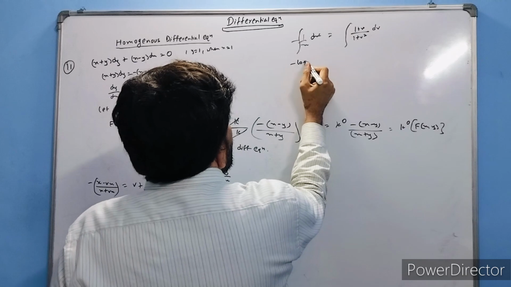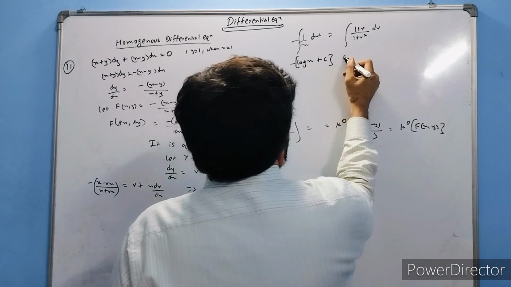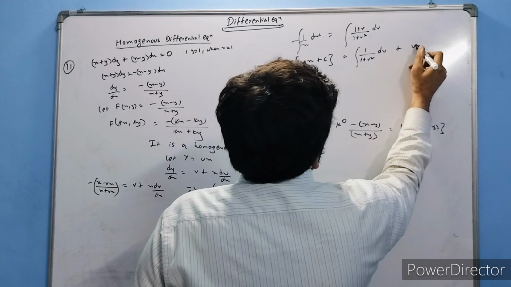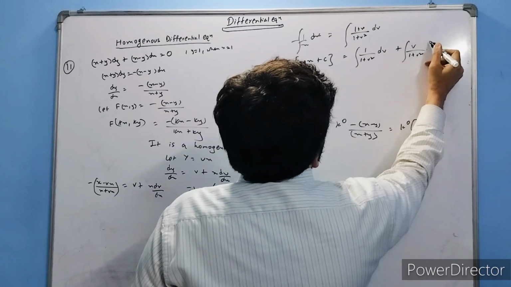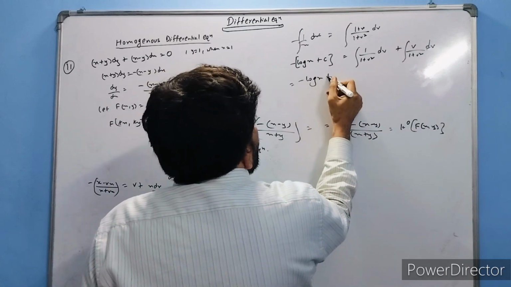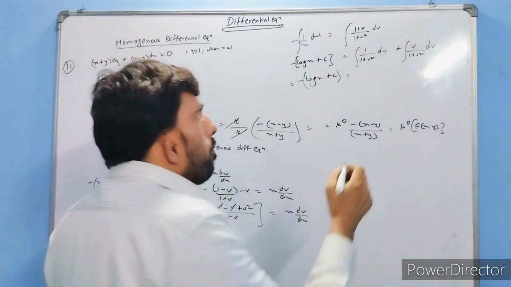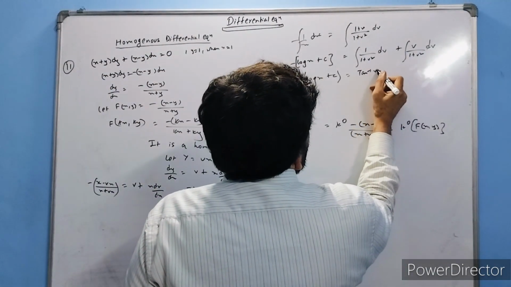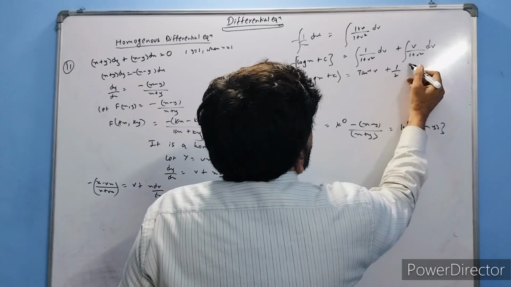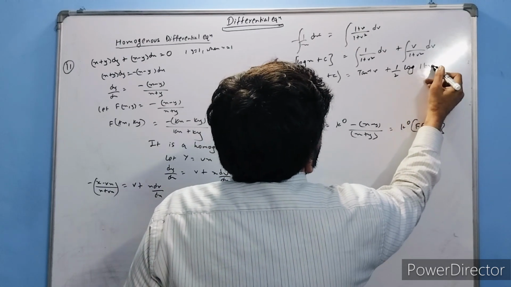We got minus log x plus c is equal to integral of 1 upon (1 plus v square) dv plus integral of v upon (1 plus v square) dv. So we have 1 upon a square plus x square, and the root will have tan inverse v plus, we'll take t here, so 2v dv, so 1 by 2 dt upon t, this will be log of 1 plus v square.